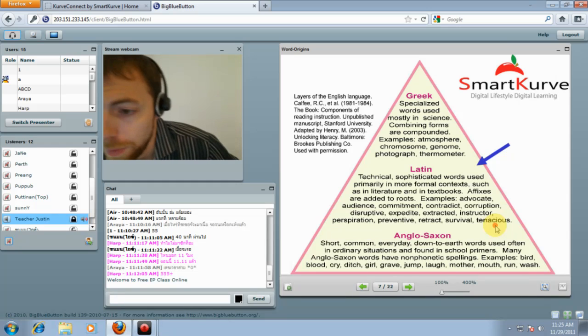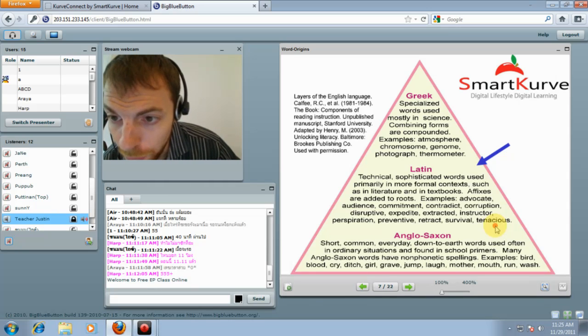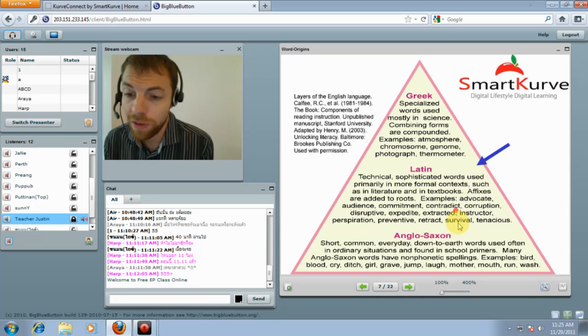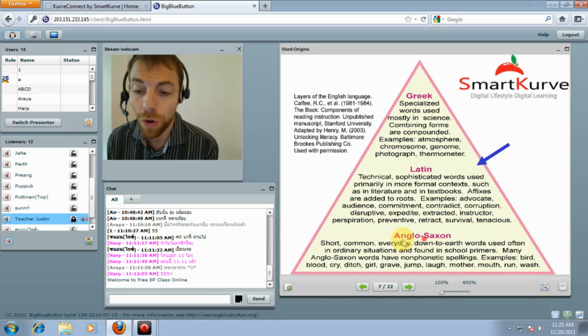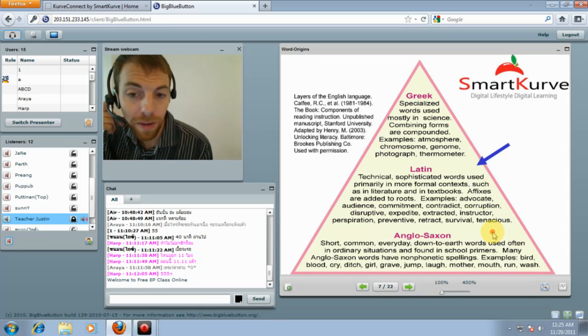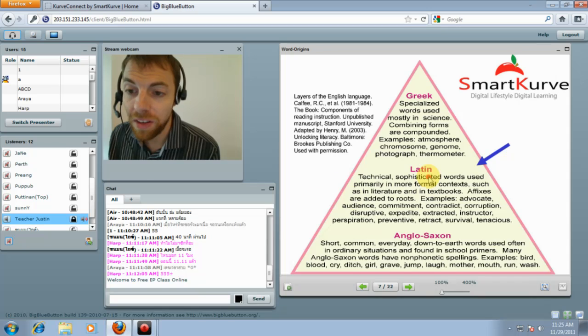All right. So Greek, Latin, and Anglo-Saxon. So we learned a little bit about the Anglo-Saxon basic words. And Anglo-Saxon words are words that you may know already. Now Latin and Greek.